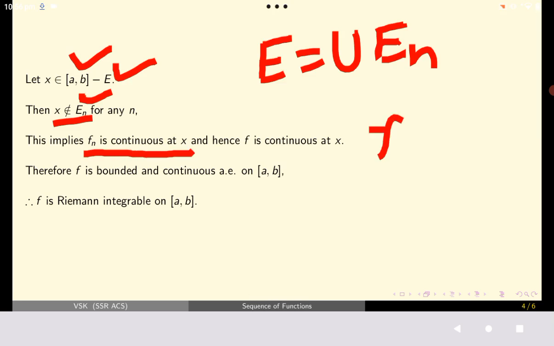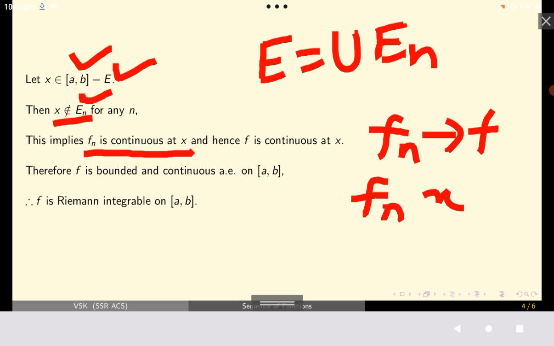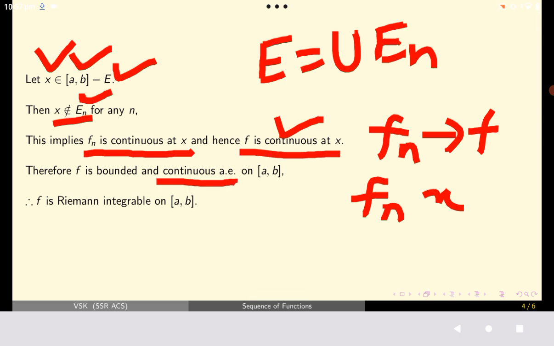And as we are given that Fn converges to F uniformly and Fn is continuous at x, this implies that F is also continuous at x. So if we take any point x which lies in [a, b] but not in E, then F is continuous at x. This implies that F is continuous almost everywhere on [a, b]. And we have already proved it is bounded. So finally we got that F is Riemann integrable on [a, b].